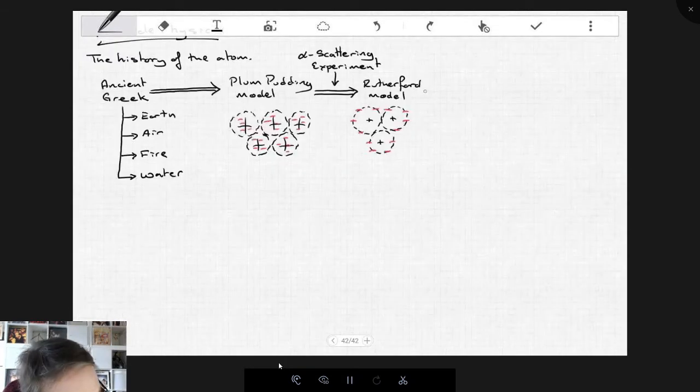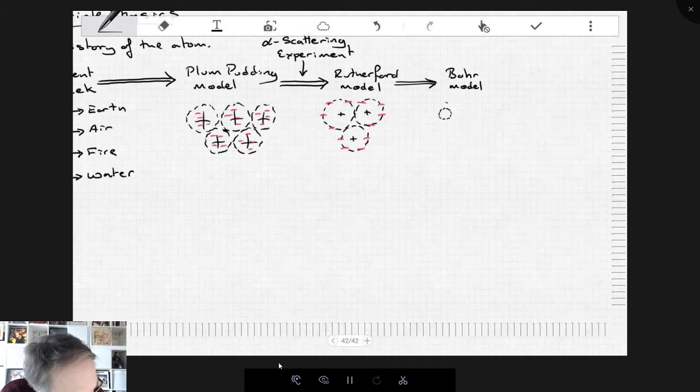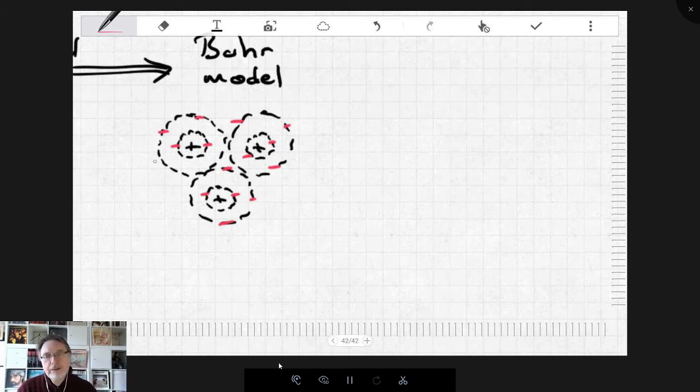And the next model of the atom is the one that we sort of know and love, which is the Bohr model, named after Niels Bohr. The Bohr model has basically got a collection of orbitals, and the electrons sit in the orbitals.